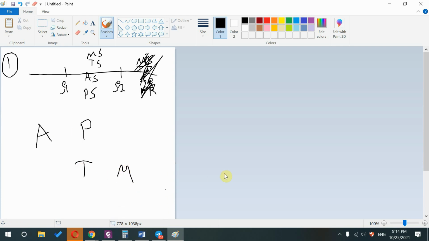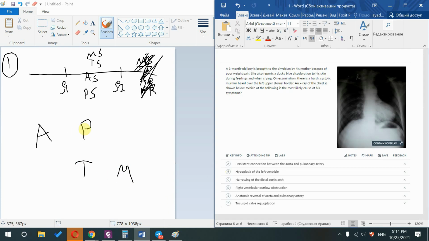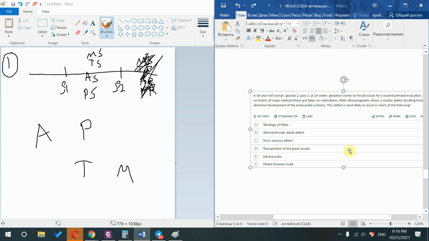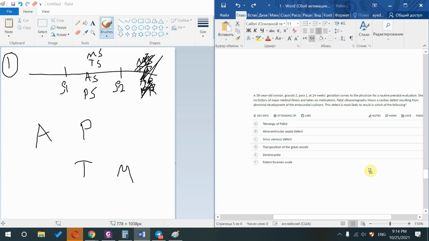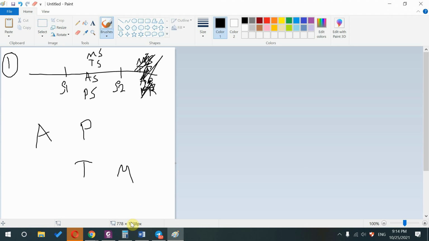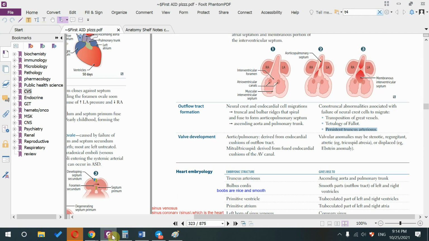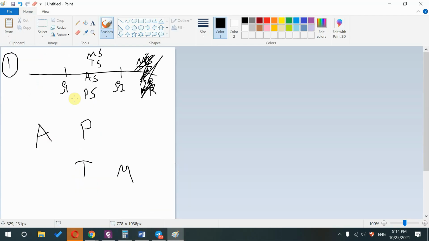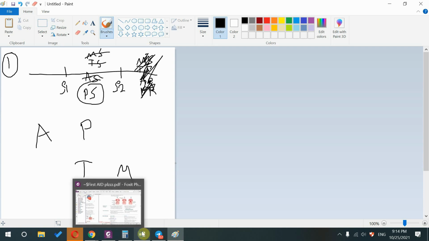P is the second intercostal space on the left. So, systolic murmur, pulmonic area. It cannot be aortic, cannot be these. It's pulmonic stenosis. The patient has tet spells and pulmonic stenosis. What do you think? Which pathology do you think he has, guys?